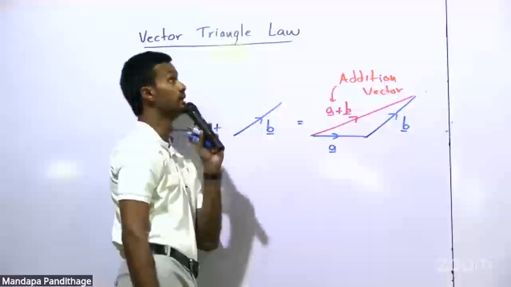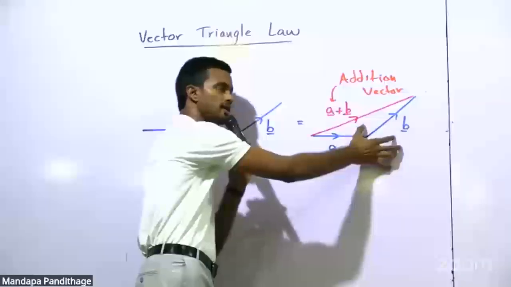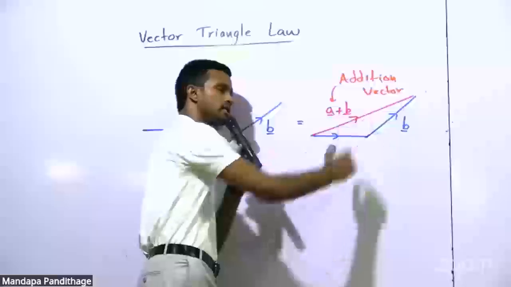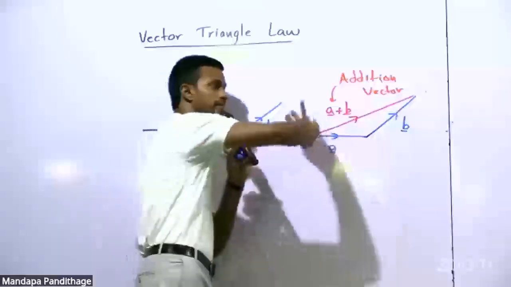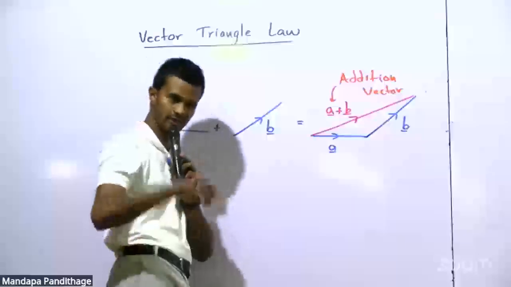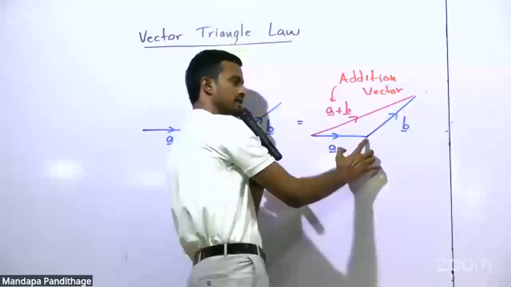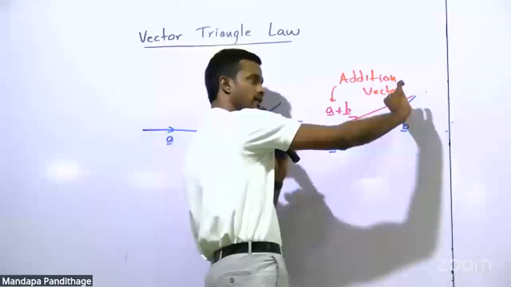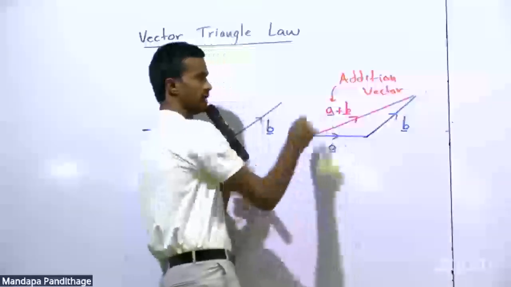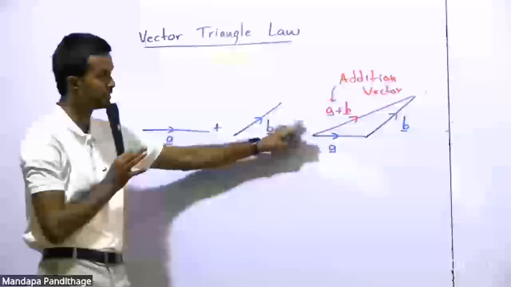Clear? But what we are doing here is, first draw one vector, then from the endpoint draw the second vector, then the vector connecting the starting point and the endpoint gives us the addition vector. Is it clear? That is the law.